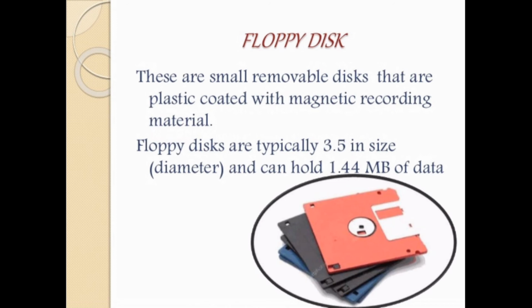A floppy disk is a magnetic storage medium for a computer system. The floppy disk is composed of a thin, flexible magnetic disk sealed in a square plastic carrier. In order to read and write data from a floppy disk, a computer system must have a floppy disk drive.